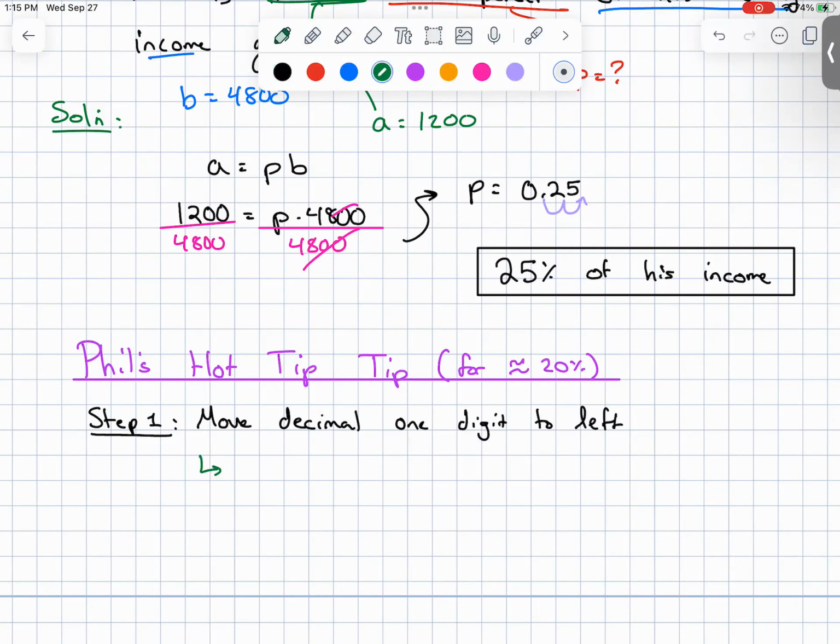So for example, if your meal ended up costing $74.89, you would move it just one decimal place over and get $7.49-ish, 7.489.